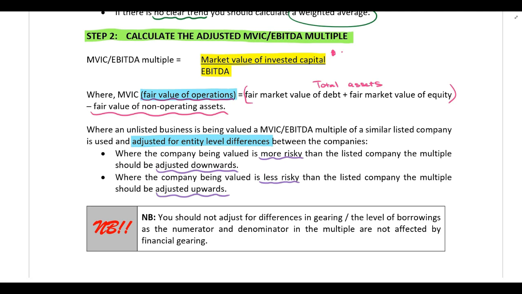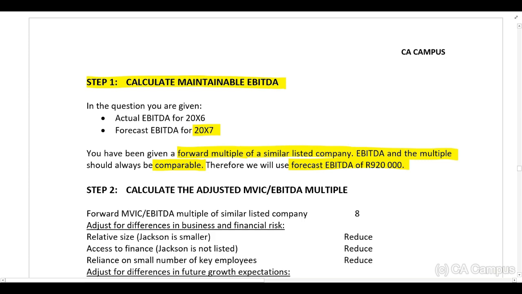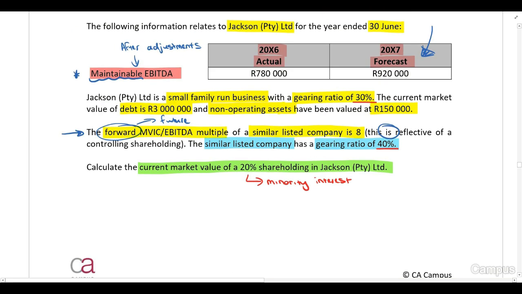Now, please note, this is extremely important. We are using earnings before interest, tax, depreciation, and amortization in our calculations. So we should not adjust for differences in gearing or the level of borrowings, because both the numerator and the denominator are not affected by financial gearing. So in our example, we were given the different capital structures of the two companies.